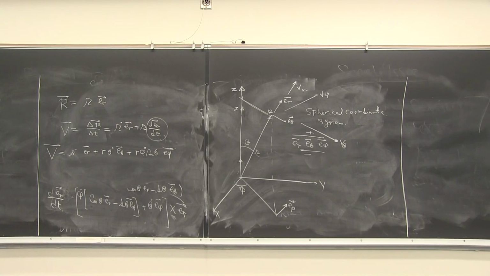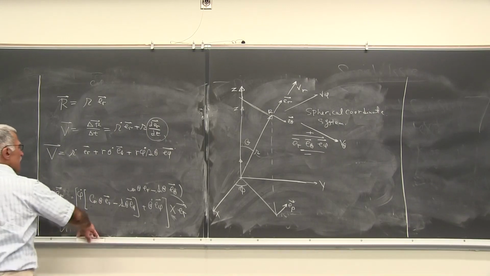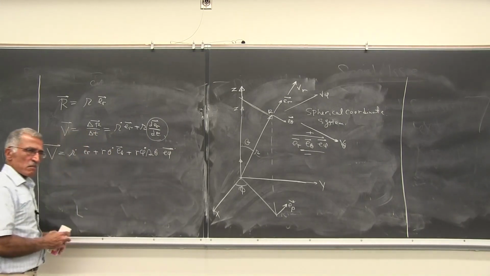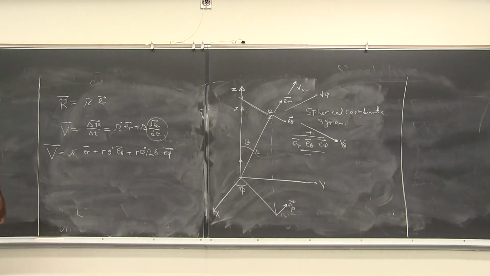Does it make sense? You agree physically what is going on? If that's what he said, the velocity is equal. Physically, it makes sense, or it doesn't make sense. Well, you can say, I know definitely I have r dot.